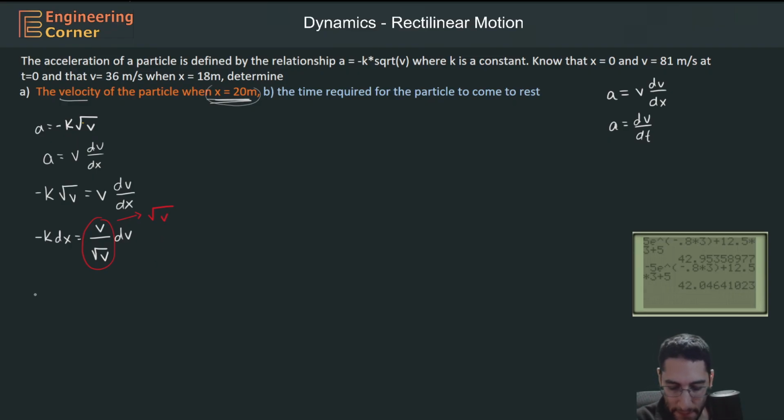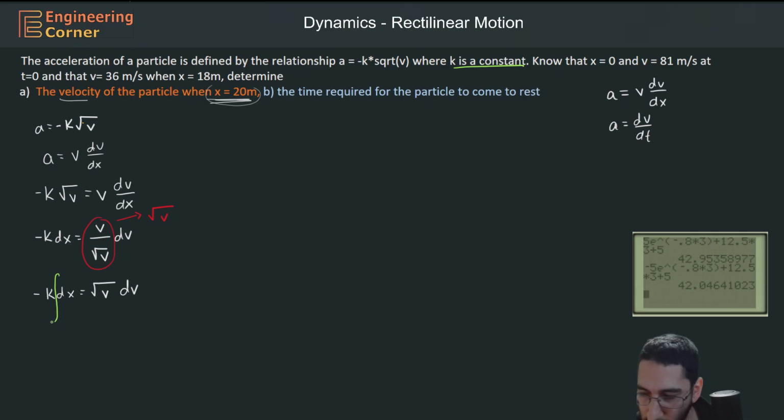So I'll have minus k dx is equal to the square root of v dv. All right, so now let's figure out our bounds of integration. k is a constant, so it can come outside of the integral.